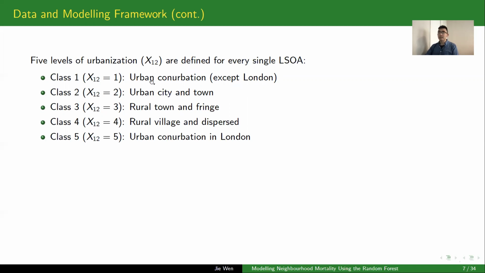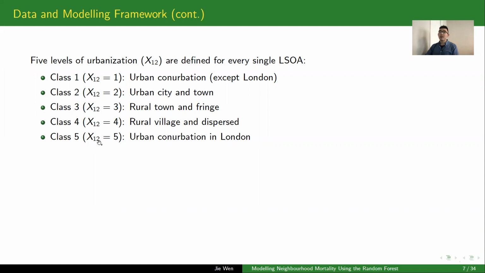Class 1 means RSOAs as urban conurbation areas, except those in London. Class 2 covers RSOAs as urban cities and towns, which are a bit smaller than class 1, but still big cities and towns. Class 3 and class 4 are RSOAs classified as rural areas, for example towns, villages, and sparsely distributed residential areas.